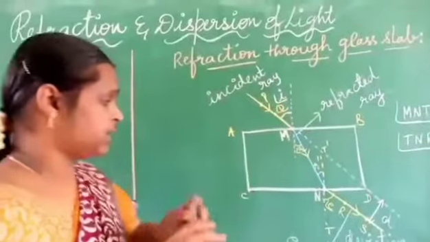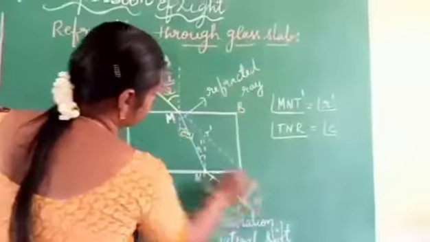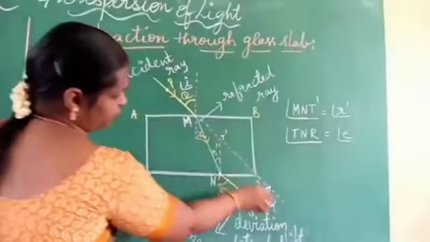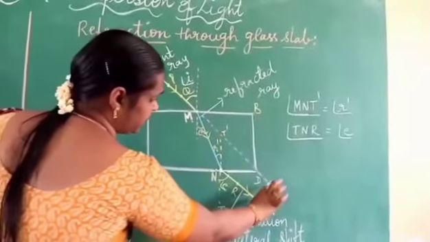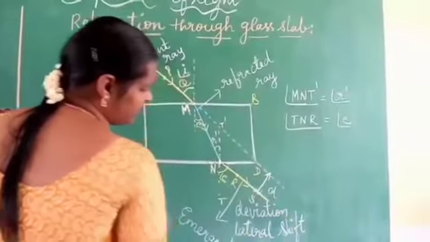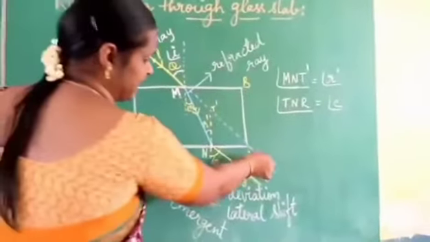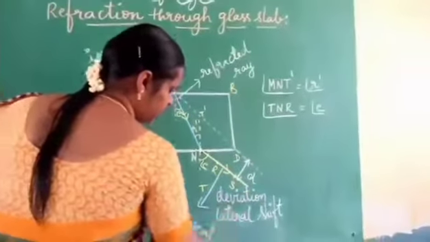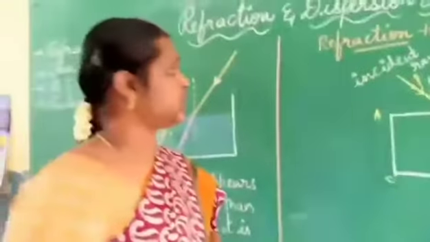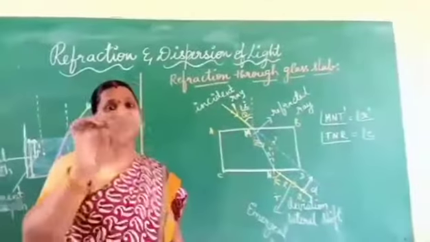So this is regarding the glass slab, and when you extend the incident ray, which I have shown in the form of a dotted line here, the distance between this emergent ray and the actual incident ray is known as deviation, or you also call it the lateral shift. So this is how refraction takes place through the glass slab.